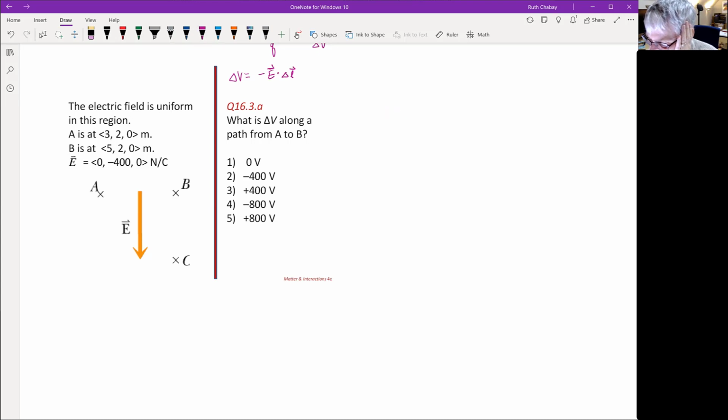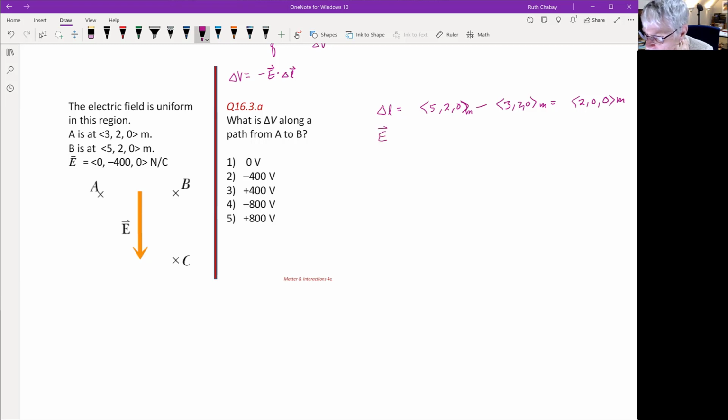First of all, we need delta L. So delta L is equal to 520 meters minus 320 meters, which is equal to 200 meters.